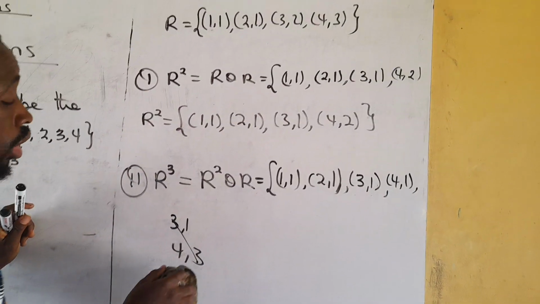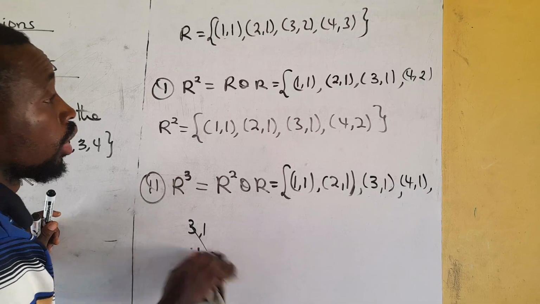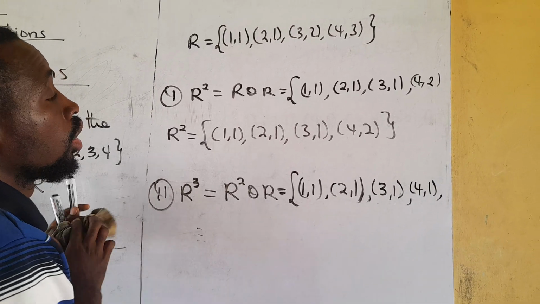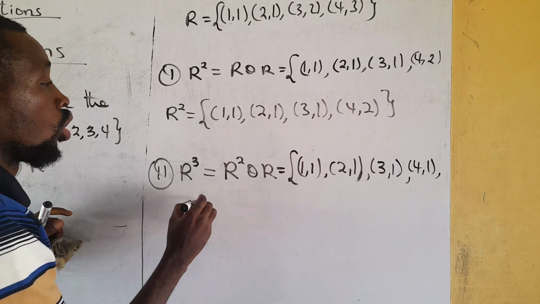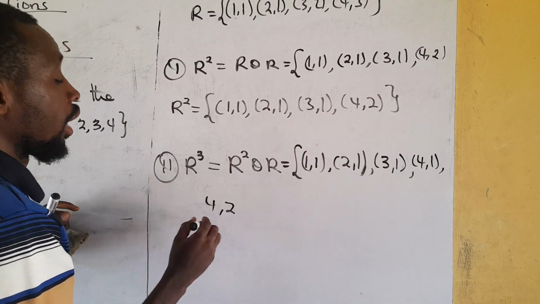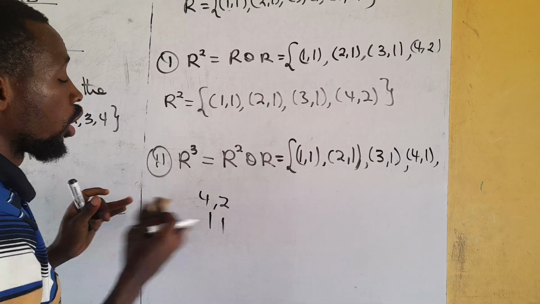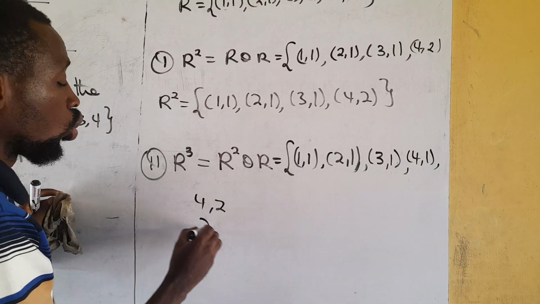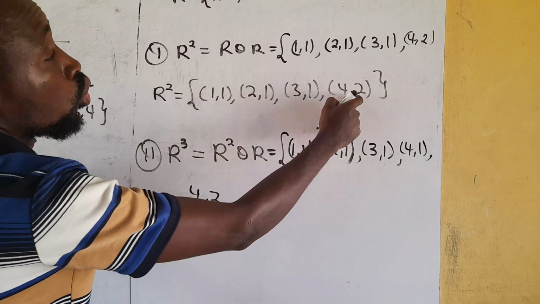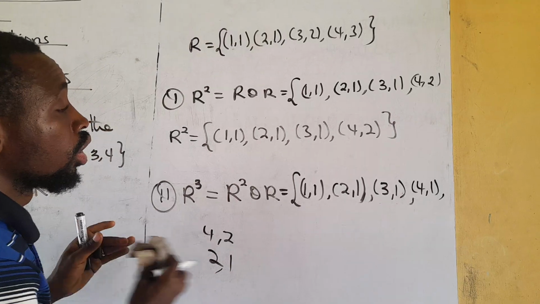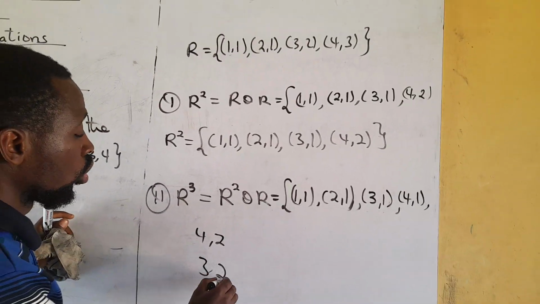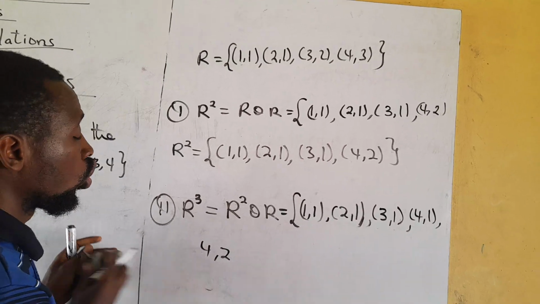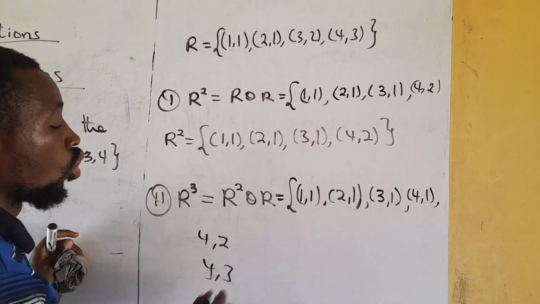The next one is (4,2). So (4,2) against (1,1): there is no corresponding. (4,2) against (2,1): there is no corresponding. (4,2) against (3,2): no corresponding. (4,2) against (4,3): no corresponding.